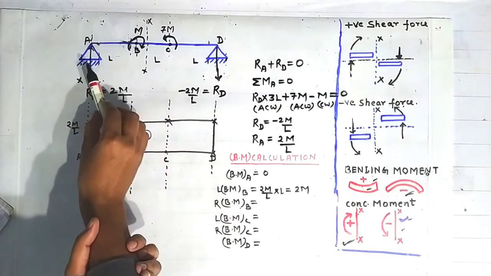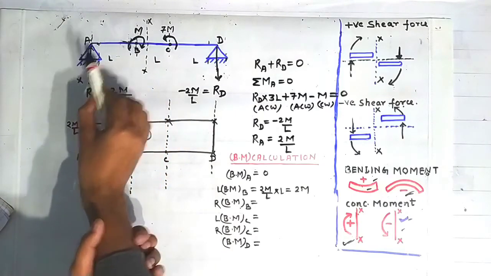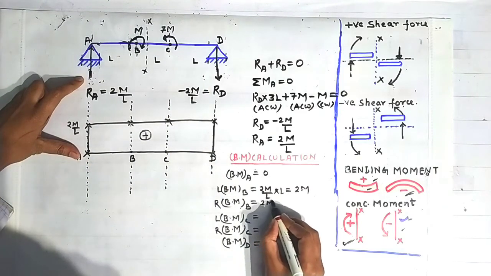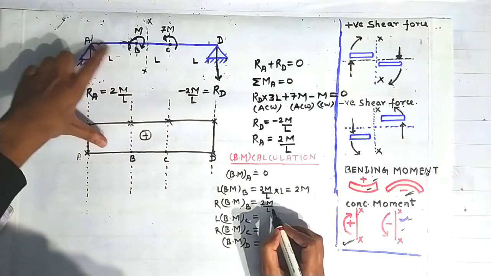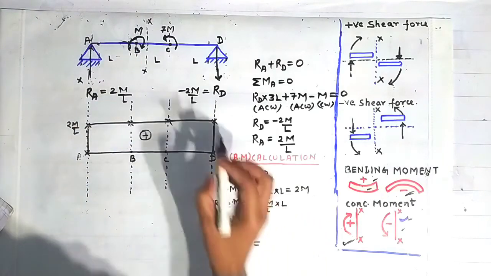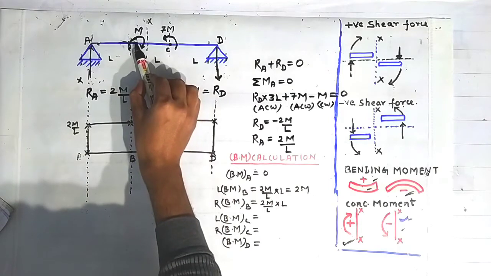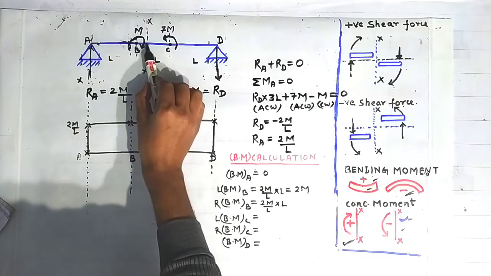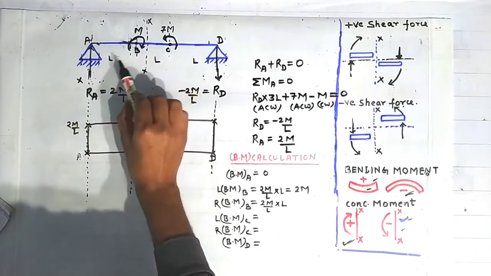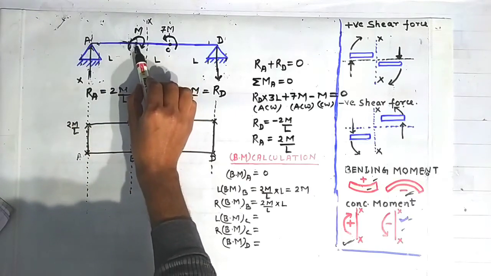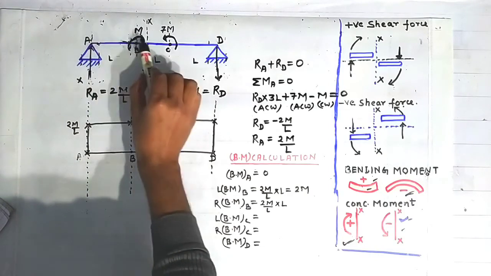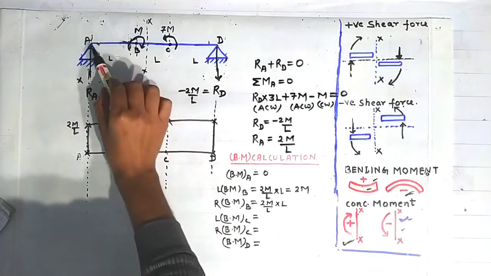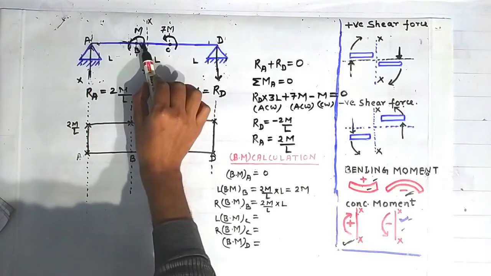Now because of this force, there will be a bending moment about this section XX having the magnitude 2M by L, that is magnitude of this force into this distance L. Actually this section is lying very close to this point B, but for clarity I have shown it with some distance from the point B. Since it is lying very close to B, the distance between A and B is equivalent to the distance between A and this section XX.